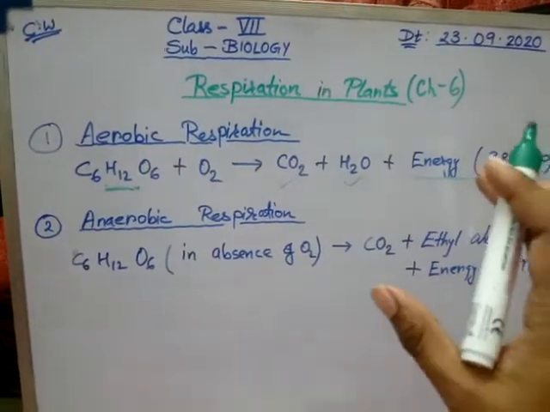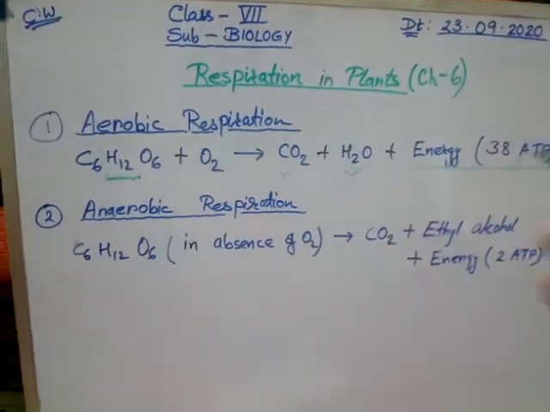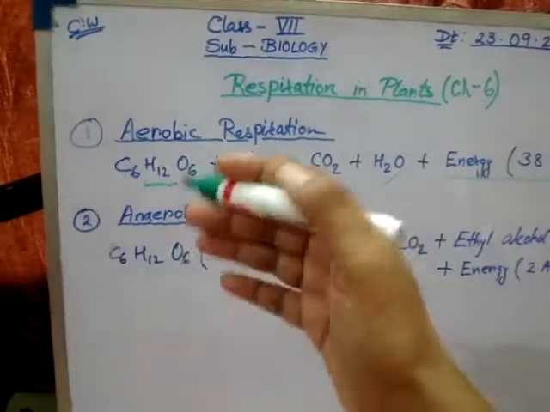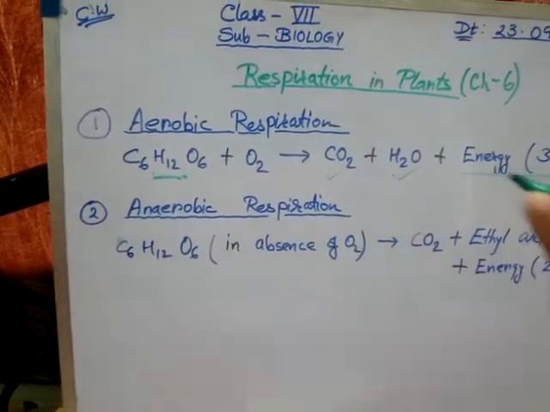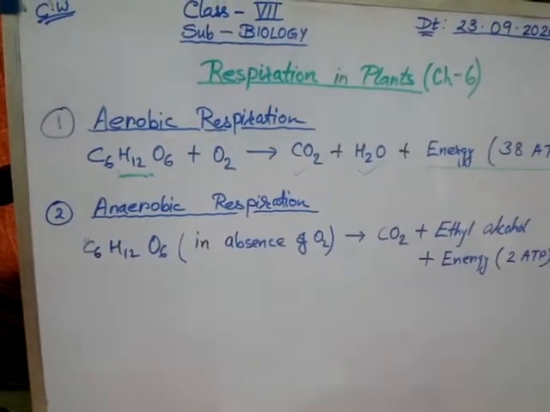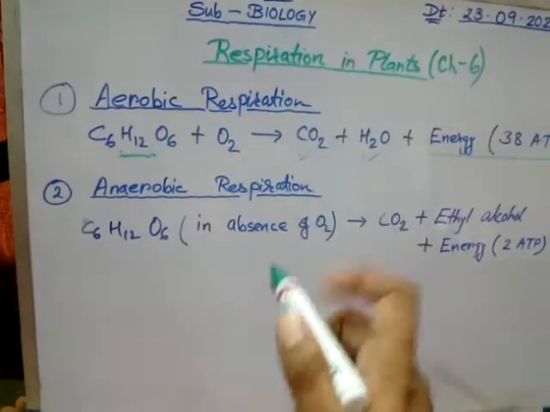So that is sufficient for a plant to carry out the process. Likewise, with more and more oxidation of glucose molecules, more energy will be released. So these two are very important.